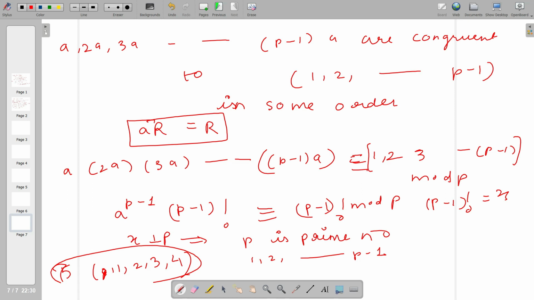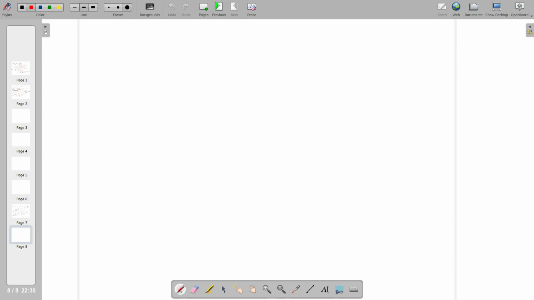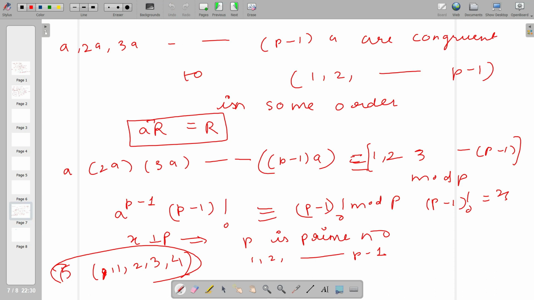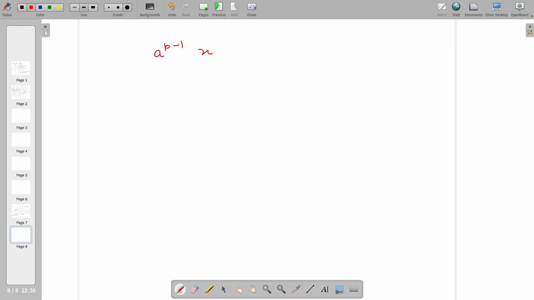Now if x is coprime to p, can I write it like this? This is a to the power p minus 1. I am writing this equation in the form of x. So a to the power p minus 1 times x is equal to x mod p. And we know that x is coprime to p, which implies x inverse exists under mod p.